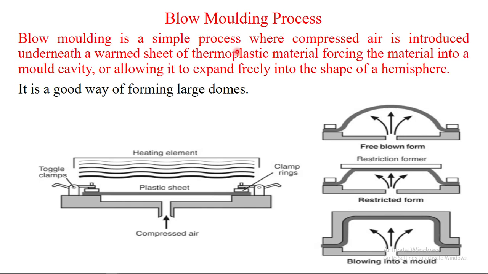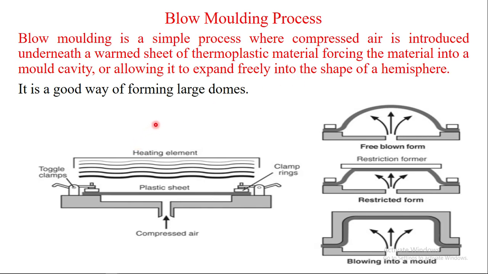Blow molding is a simple process where compressed air is introduced under the warm sheets of thermoplastic material, forcing the material into a mold cavity or allowing it to expand freely into the shape of a hemisphere.